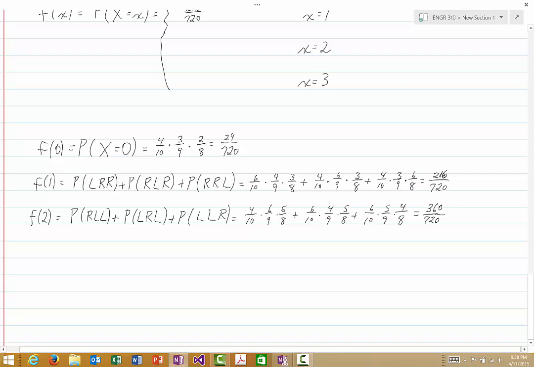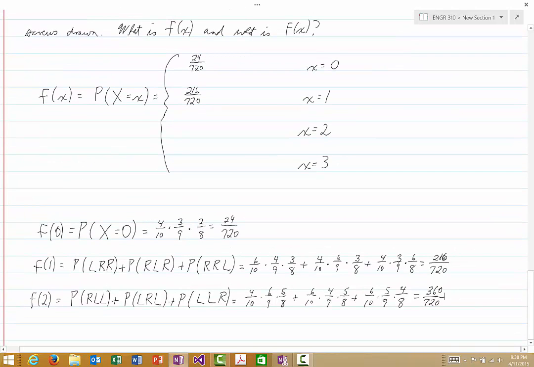And of course that's equal to 1/2, but I think I'll just leave it as 360 over 720 so that we'll have a common denominator of 720 for all of these values here. So we have 360 over 720.